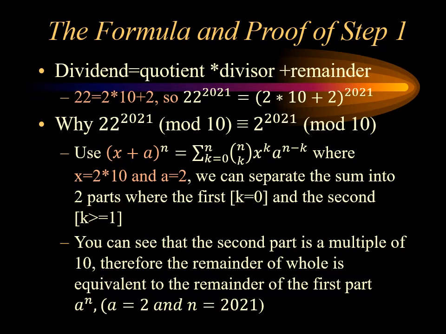So the remainder of those doesn't really matter because it's going to end with a 0, and you can eliminate that from the remainder part. So you only need to worry about the remainder of the first term, which is 2 to the 2021st power.